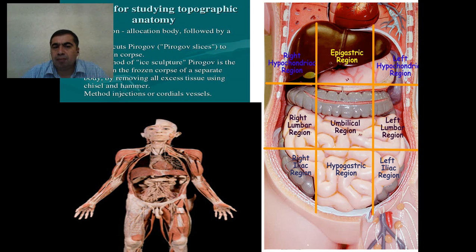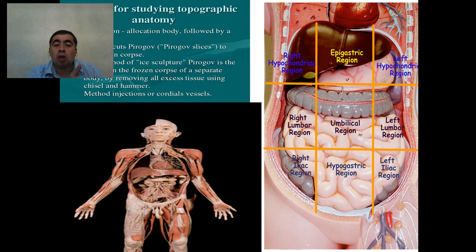This material cannot be dissolved in acid. This is especially important for understanding the vascular system of parenchymatous organs like the liver, spleen, or kidneys. The vascular system is injected with the special material.